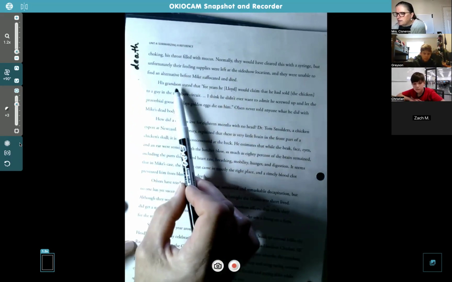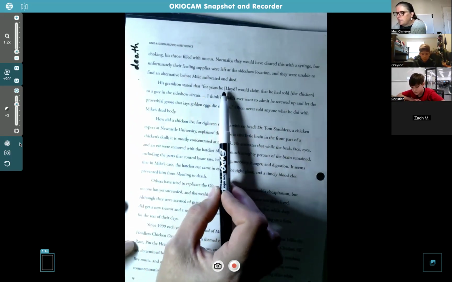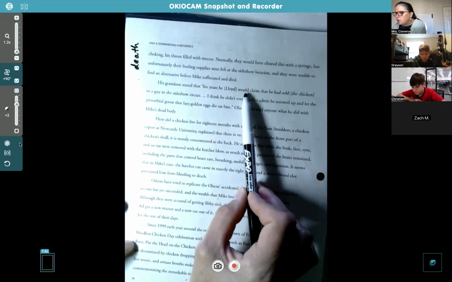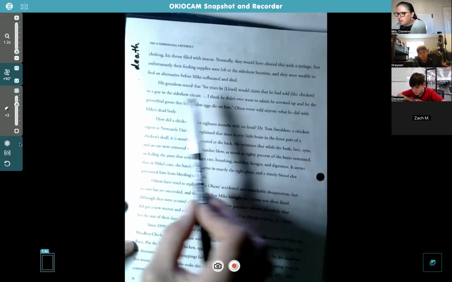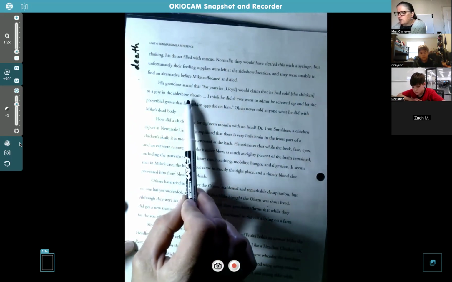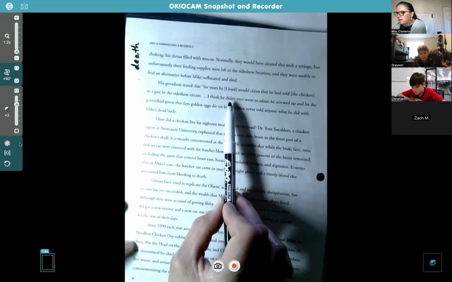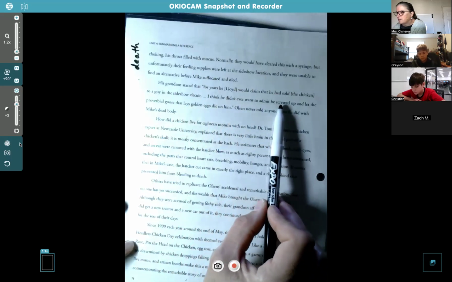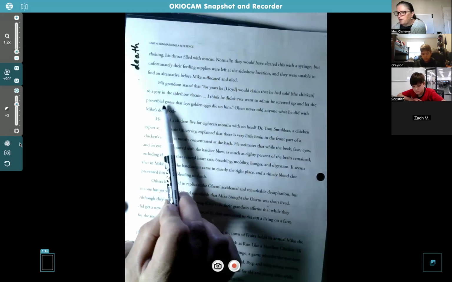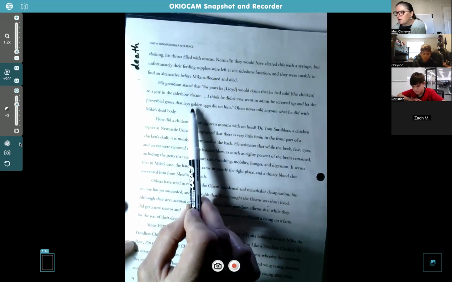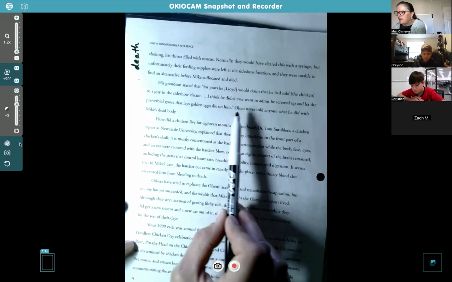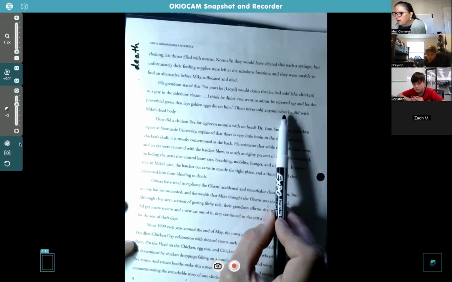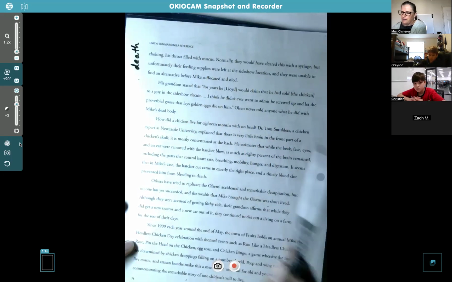His grandson stated that for years he, which is Lloyd, would claim that he had sold the chicken to a guy in the sideshow circuit. I think he didn't ever want to admit he screwed up and let the proverbial goose that lays golden eggs die on him. Olson never told anyone what he did with Mike's dead body.